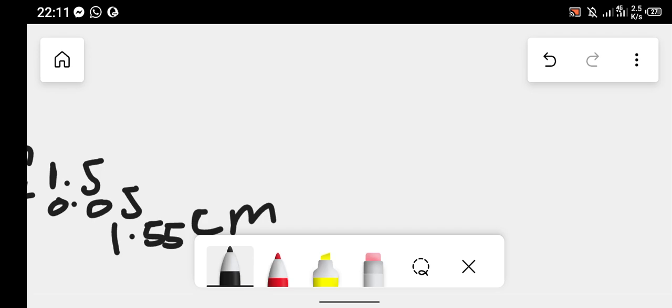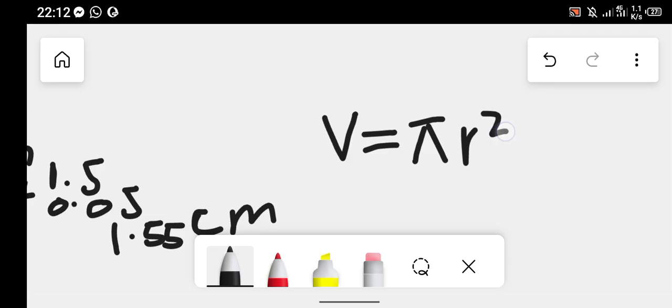And we know that the volume of the cylinder is equals to what? Pi r squared times height. That's how we find the volume.